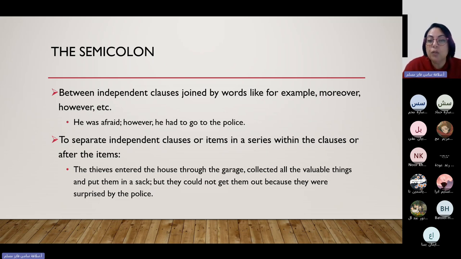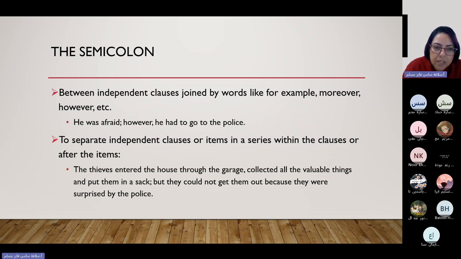Okay, or it is used to separate independent clauses or items in a series. Okay. A series of items within the clause. How do we mean? The thieves entered the house through the garage. Collected all the valuable things and put them in a sack.